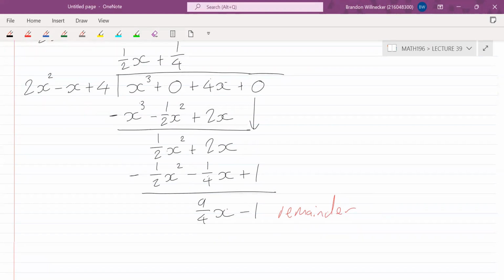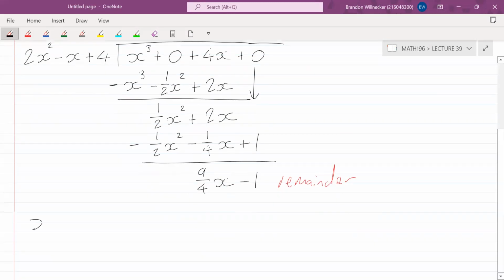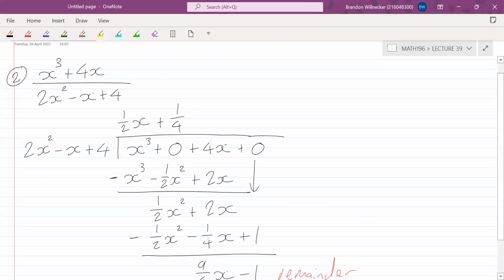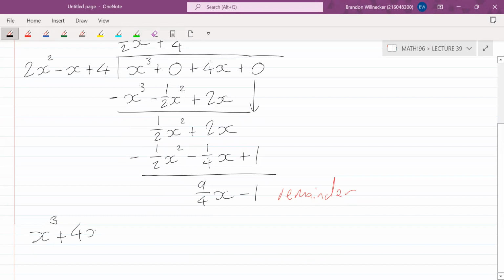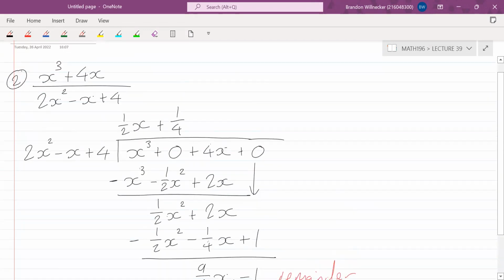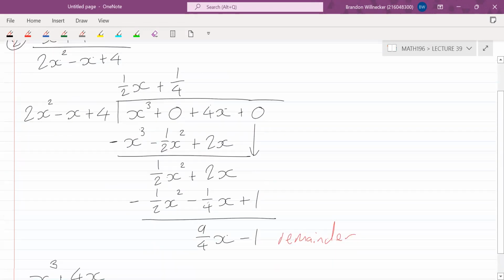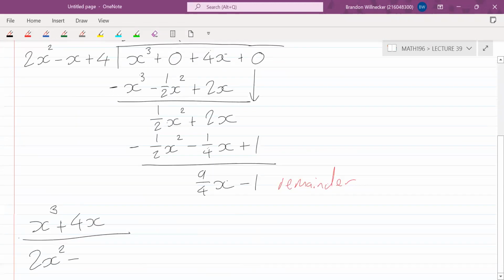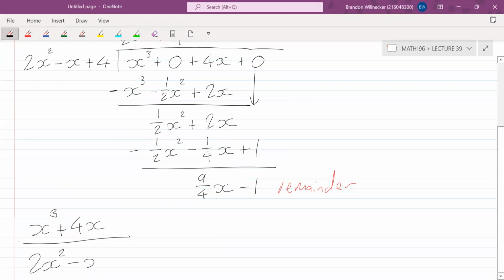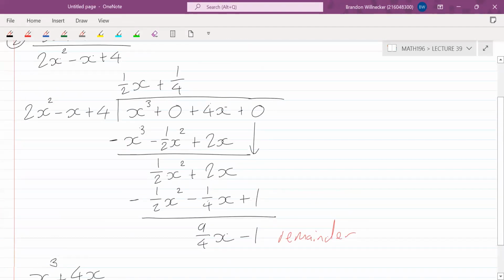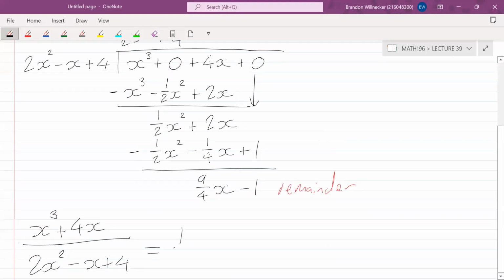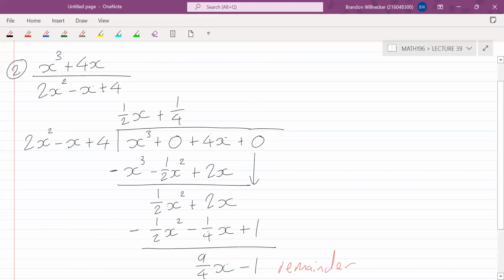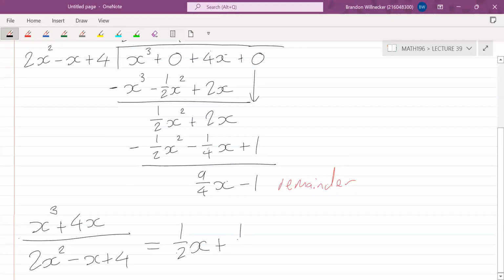Okay, so let's put all of this together. We're going to have x cubed plus 4x divided by 2x squared minus x plus 4, and that's equal to the whole polynomial part, again, if you want to think of it like that, is going to be 1/2 x plus 1/4.